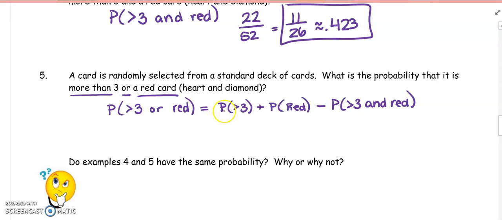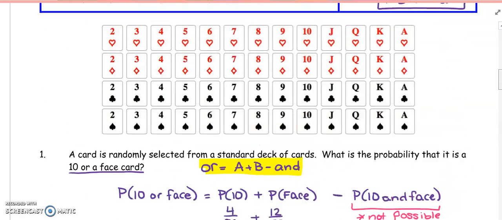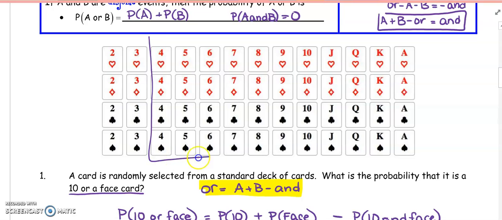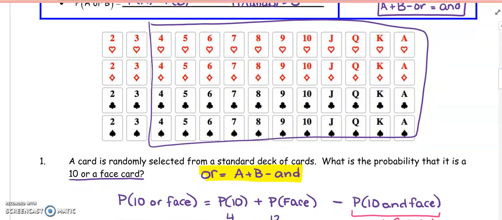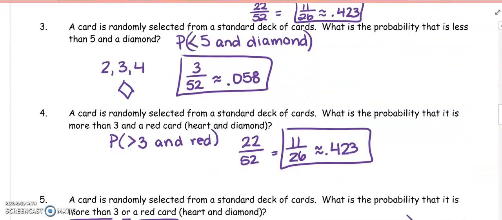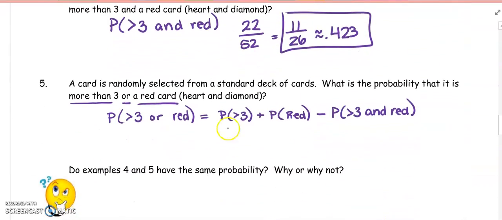and red. So the probability of it being greater than 3, it is all of these guys right here. So it's all but 8 of them, which means I have 44 out of 52. The probability of it being red, well, that's half of them, so that is 26 out of 52.